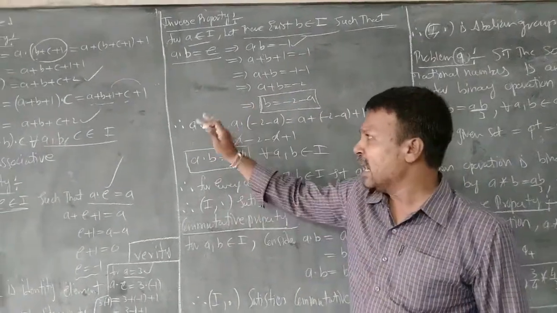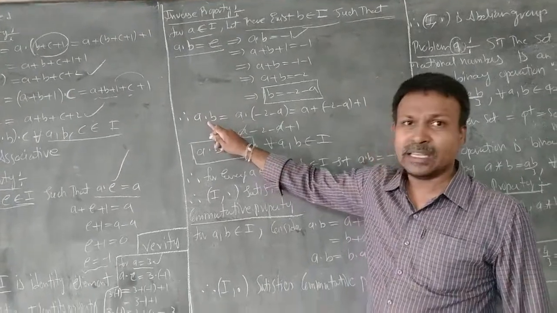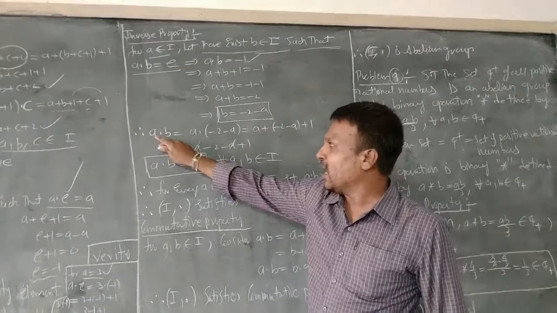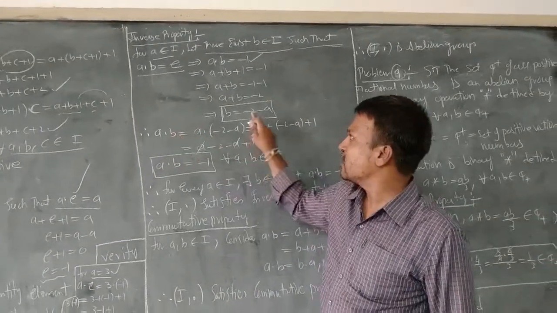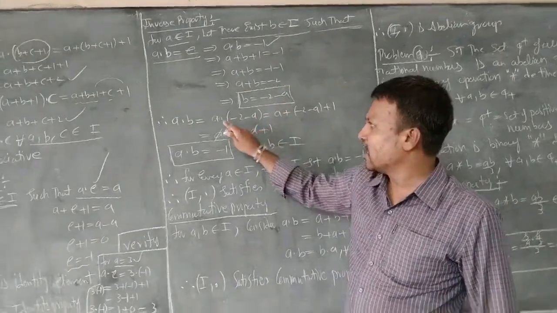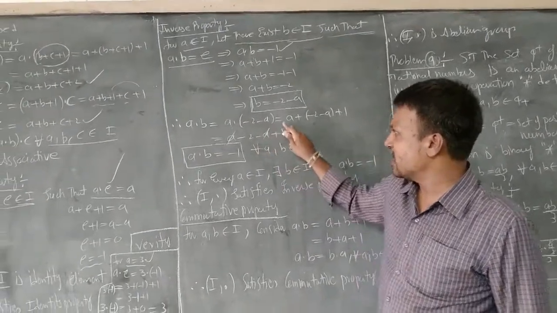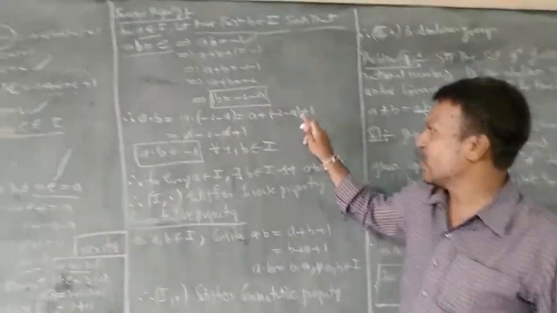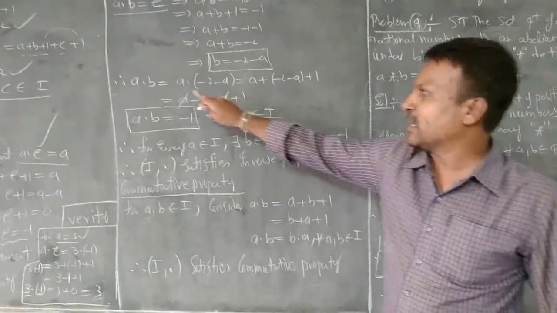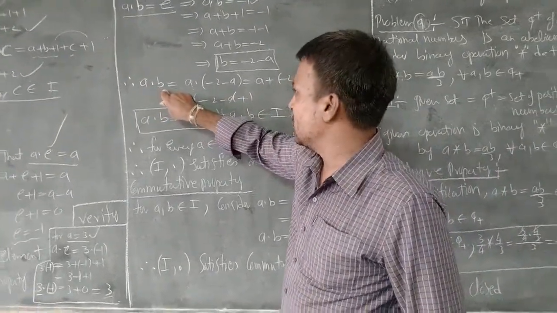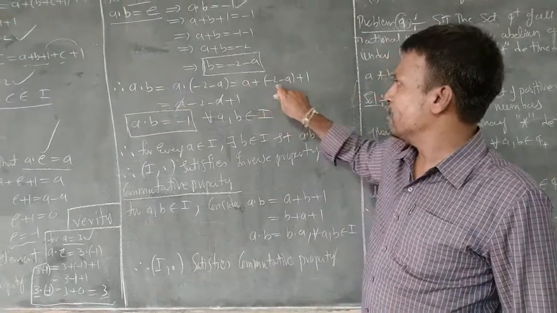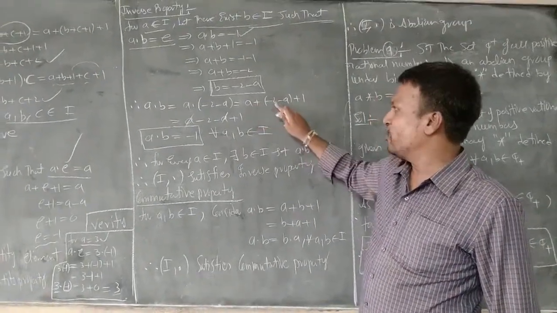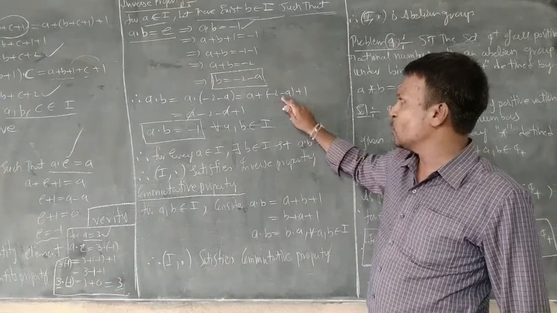So let us verify this inverse property, that is a dot b should be e. So a dot b, the value of b is minus 2 minus a. a dot of minus 2 minus a is equal to a plus of minus 2 minus a plus 1. It is taken from the property a dot b is equal to a plus b plus 1. Instead of a, it is a, instead of b, it is minus 2 minus a, right?